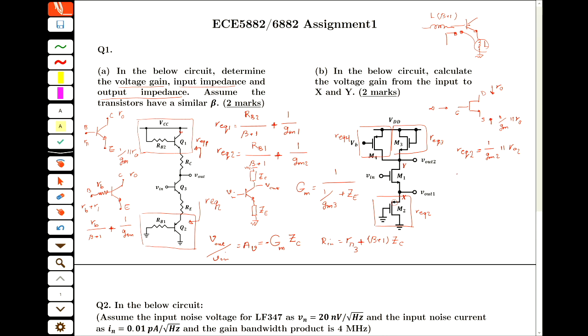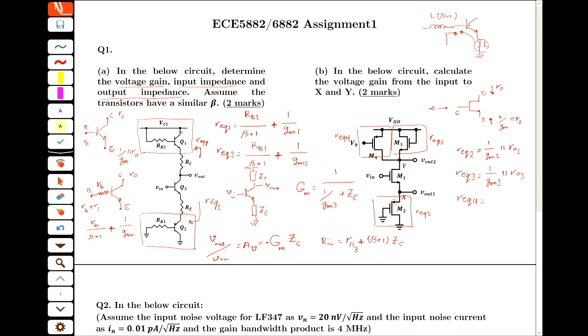And then for the R equal 3, again we are looking into the source. So it is 1 over GM3 in parallel with RO3. Okay? And then for the R equal 4, we are looking into the drain.